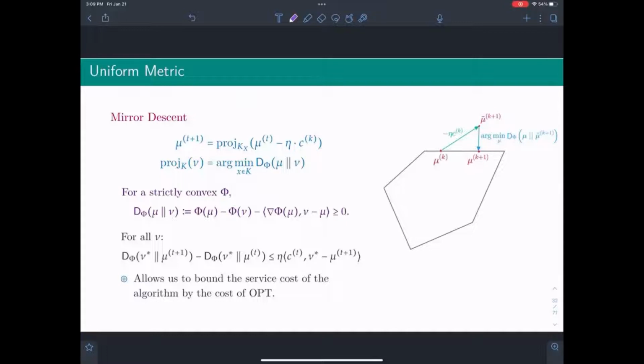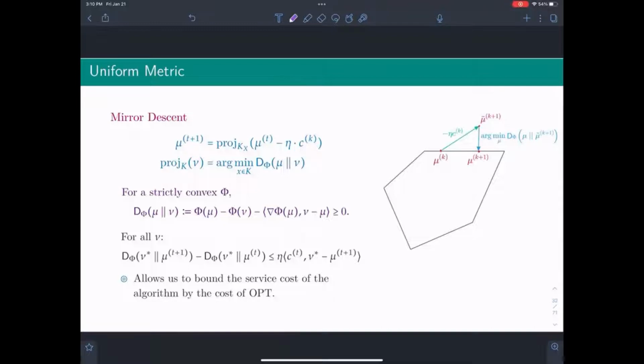This is something very crucial here, because in earlier work on online algorithms, and in particular on the metrical task systems problem, one of the hardest parts of the analysis was to analyze the behavior of the optimal algorithm to be able to relate the cost of your algorithm to the cost of opt.